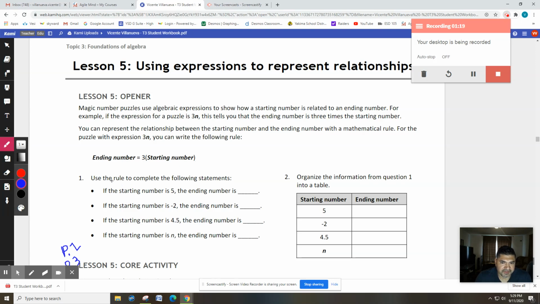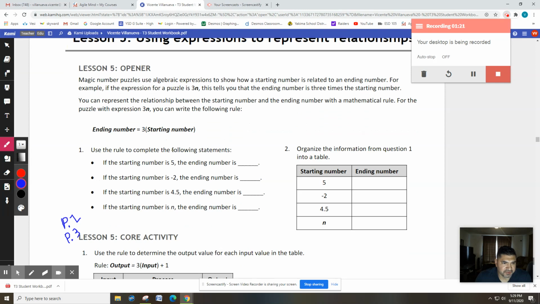Okay, so down here it says, use the rule to complete the following statements. If the starting number is 5, the ending number is, now remember, here's our rule. We're going to go 3 times our starting number, which is 5.